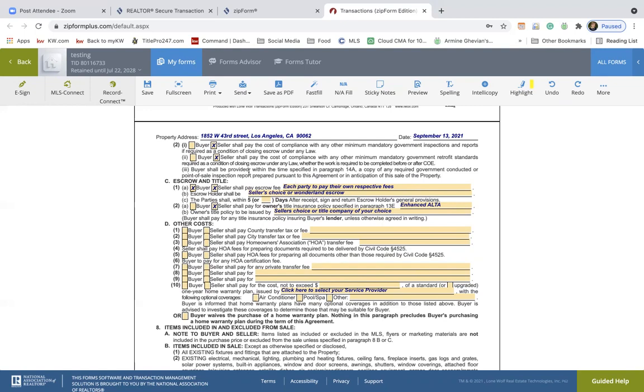Right. Buyer shall be provided within the time specified in paragraph 14A a copy of any required government conducted or point of sale inspection report prepared pursuant to this agreement or in anticipation of the sale of property. Those are the 9A report and compliance report. Oh, that's what you're talking about. Okay.